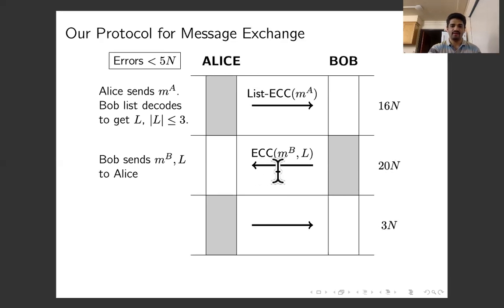And there are error correcting codes, like I said, that will allow Alice to decode both MB and L from Bob's message in this phase. So we know that after this phase, Alice knows MB, so she can output it. Alice also knows L, the list Bob computed in phase 1. And this list L is guaranteed to have MA.